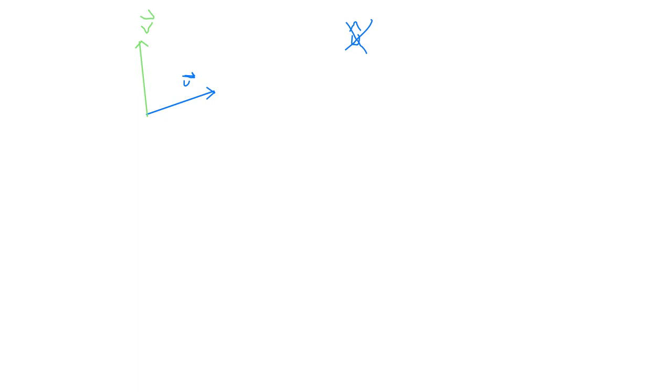And what we're interested in, of course, is the vector u minus v, which equals, by the way, u plus negative v.